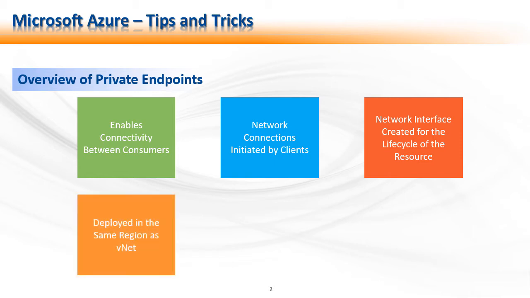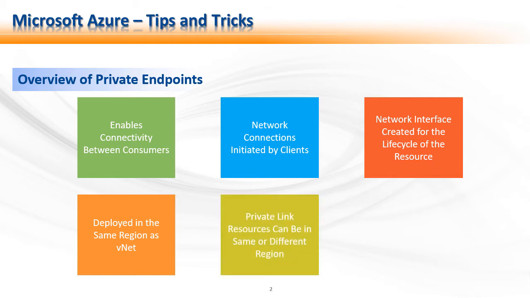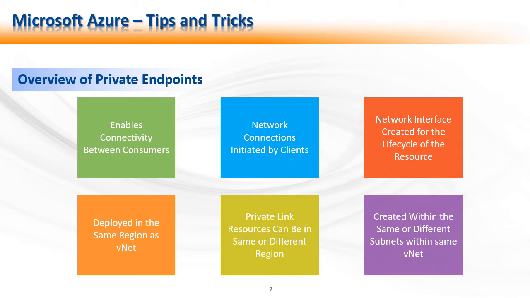The private endpoint must be deployed in the same region as the virtual network, whereas the private link resource can be deployed in a different region than the virtual network and private endpoint. Multiple endpoints can be created on the same or different subnets within the same virtual network.